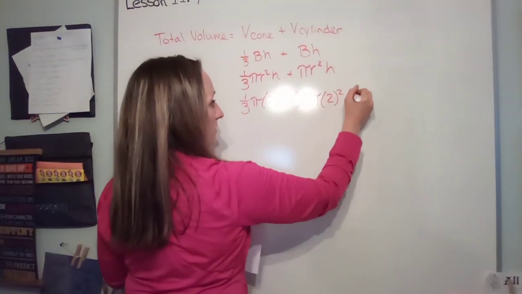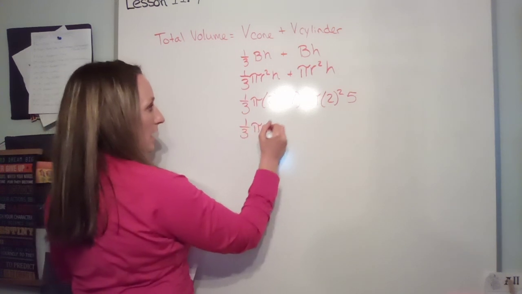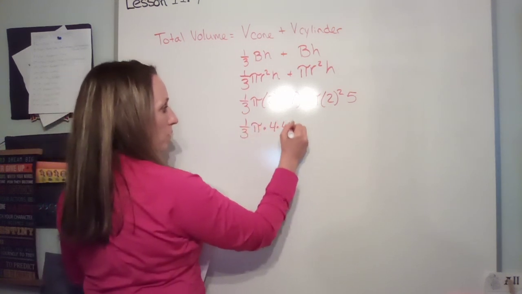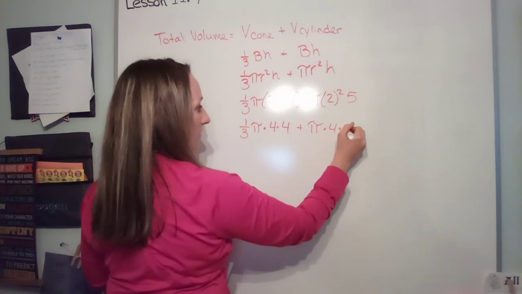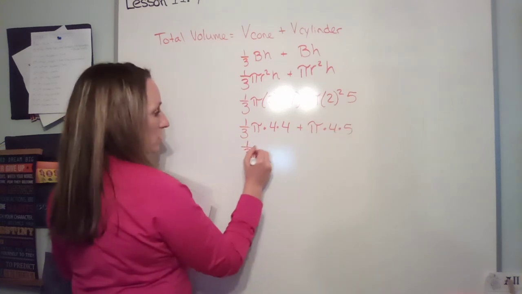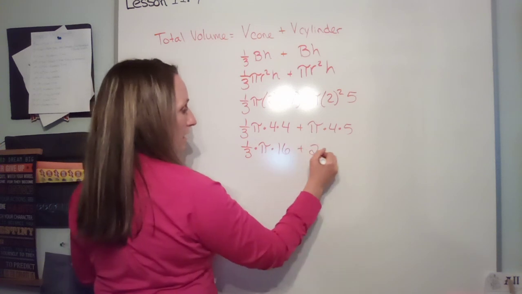The height is 5. So I have 1/3 pi times 4 times 4 plus pi times 4 times 5. So it's 1/3 times pi times 16 plus 20 pi.